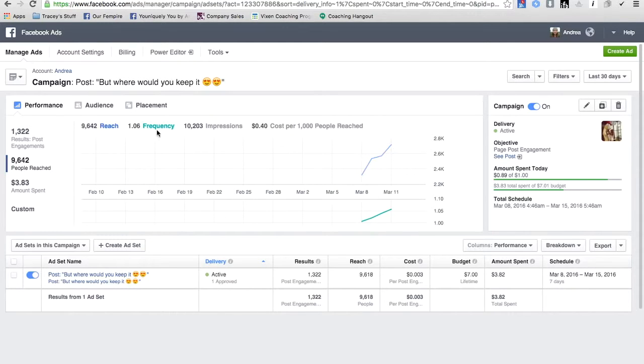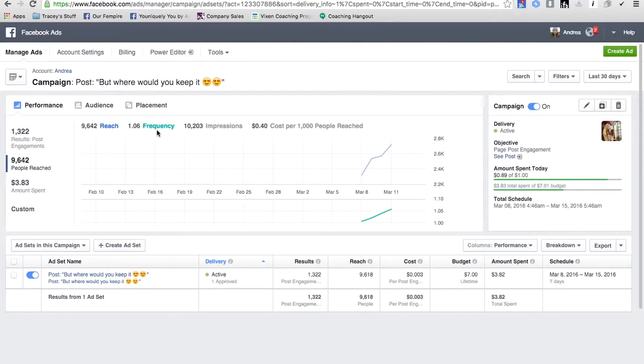The frequency here is how many times this ad has been shown to this specific group of people. When we put an ad out into Facebook, Facebook takes this kind of a snapshot almost of what is going on with Facebook, the people that are active at this point in time.